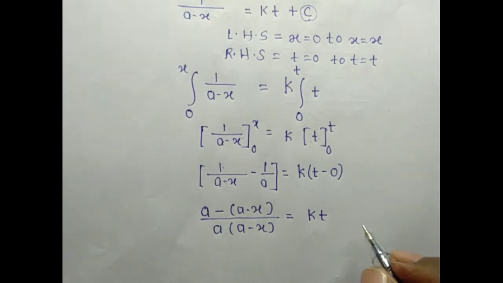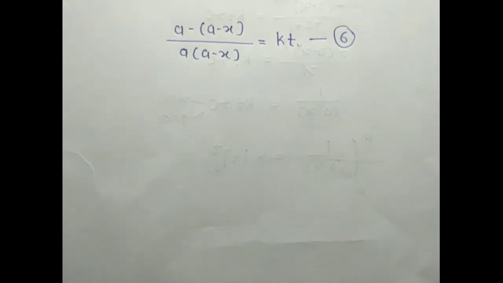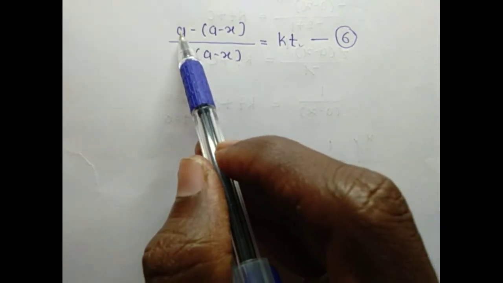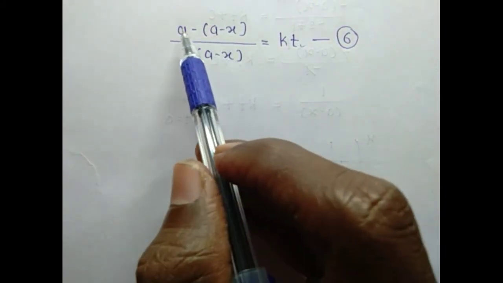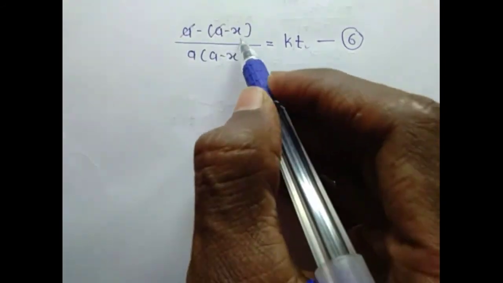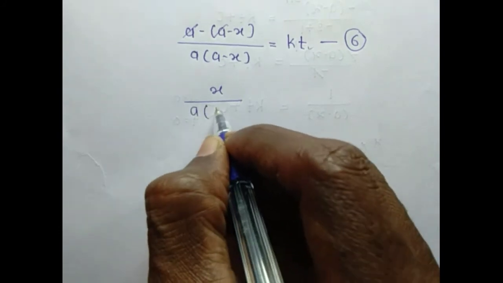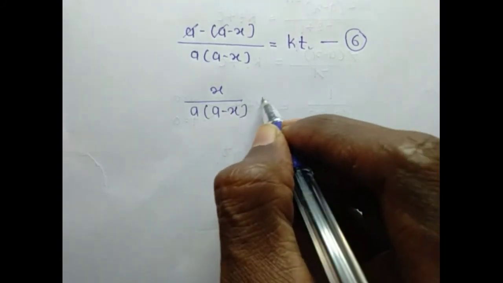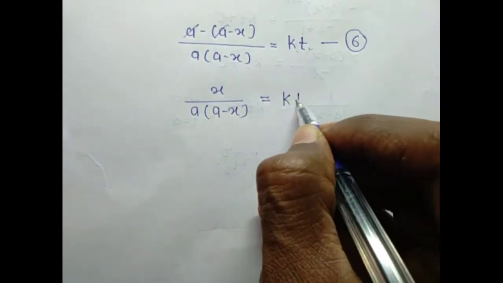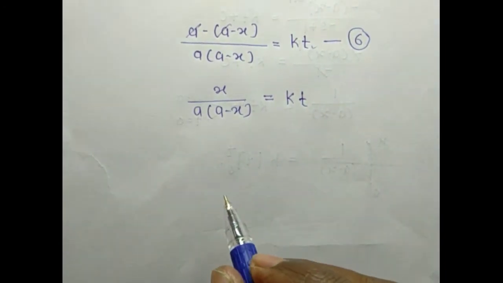This is our equation number 6. In the above equation, the plus x and plus a and minus a get cancelled, and the remaining is x upon a into (a − x) equal to kt. This is our main equation.